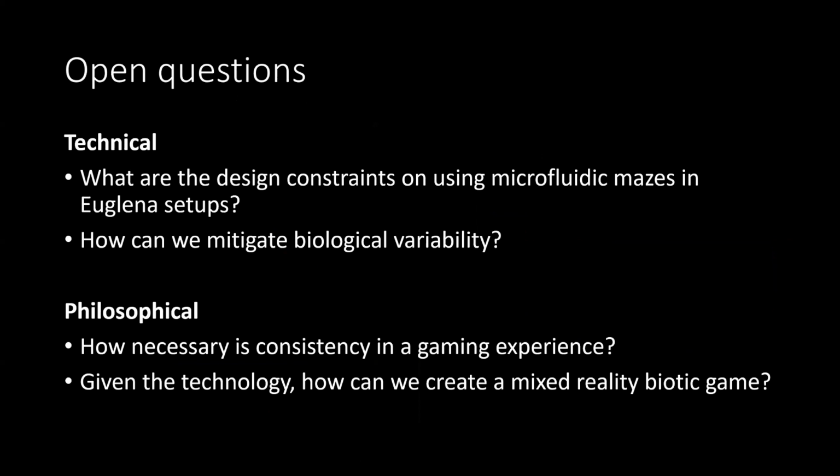Related to the second question, there's the more philosophical question of how necessary is consistency in the gaming experience? We know that some video games rely on random number generation, but they typically use it in very specific situations. But biological variability is pervasive, so does the randomness in biological systems detract from the gaming experience?